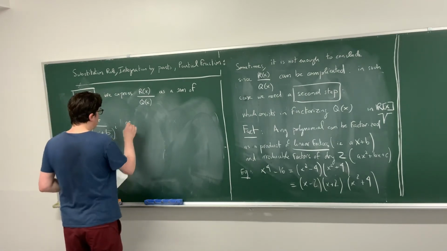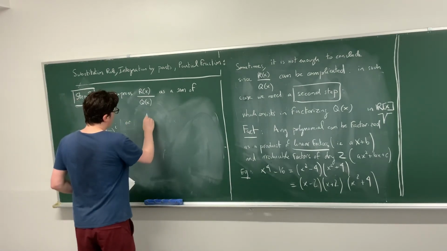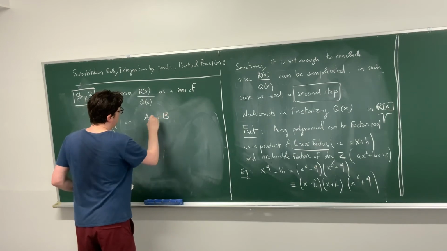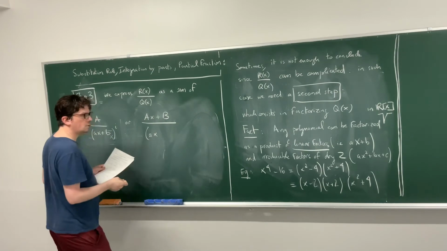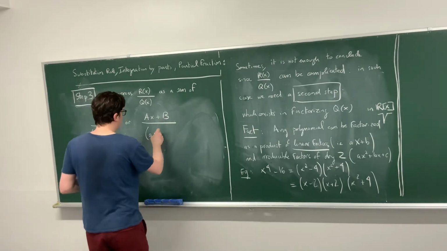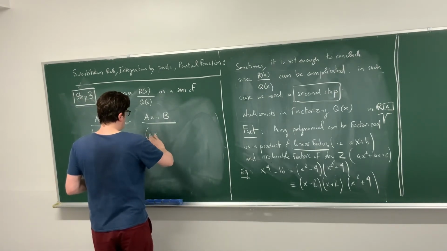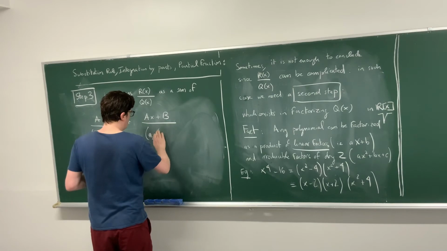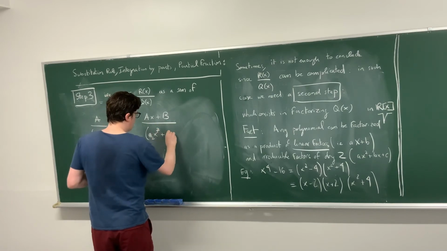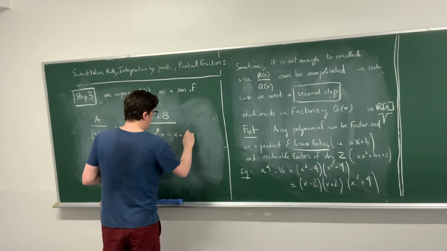Or you will have something of the form ax plus b divided by a quadratic, okay, so it's not the same a, so let's write a2 x squared plus a1 x plus a0.